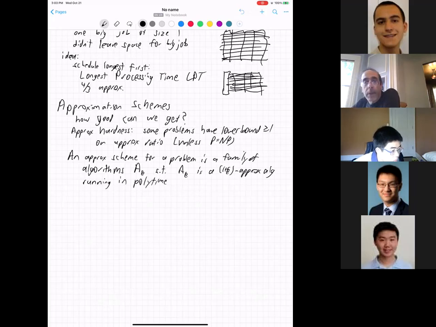So basically, there are some problems where you can get as close as you want to the optimum solution. But you can never actually get there.